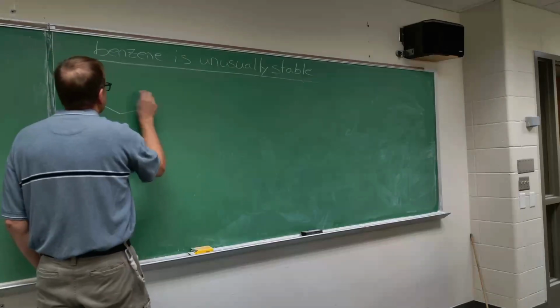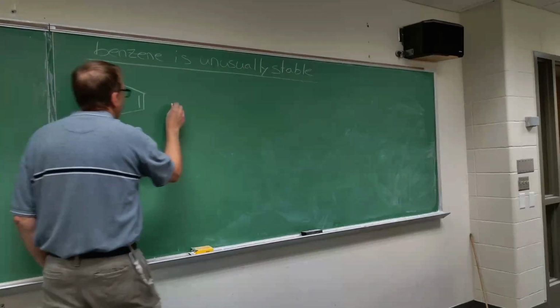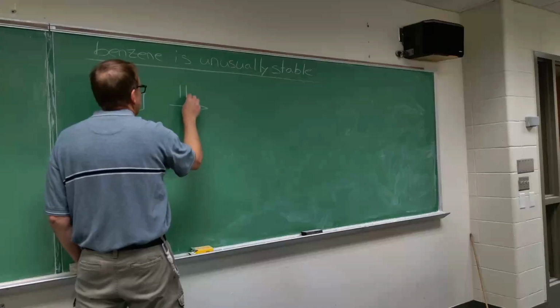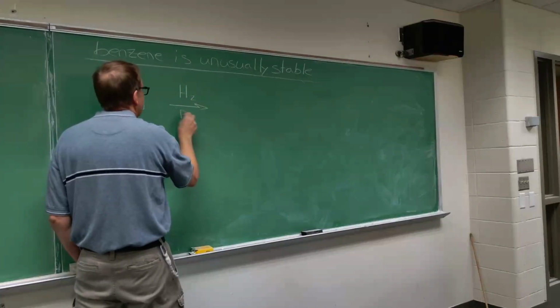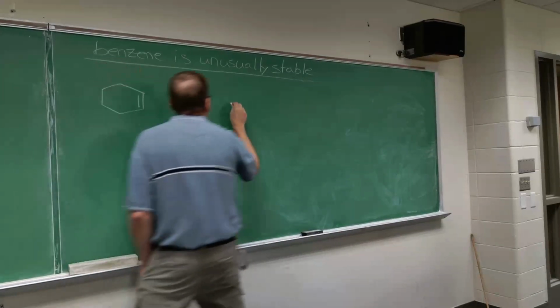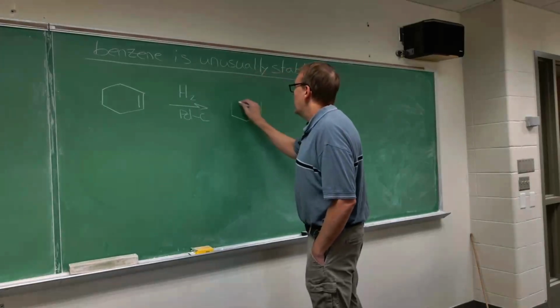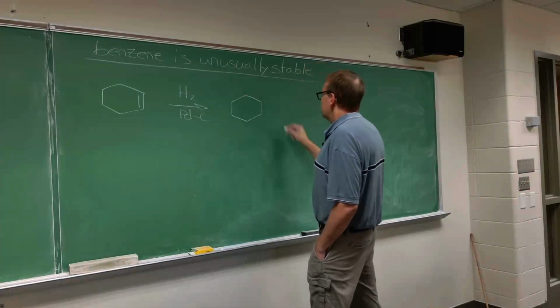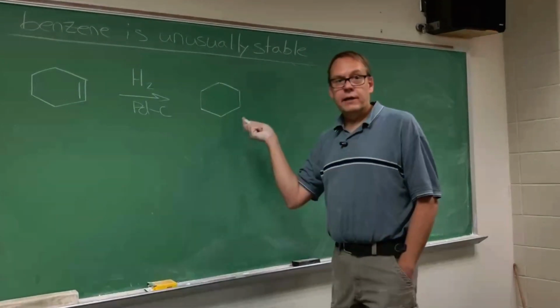So here's a reference hydrogenation experiment. If you take cyclohexene and put in hydrogen and palladium on carbon, you'll add hydrogen across the double bond of the alkene, and you'll get some heat out because it's an exothermic reaction.